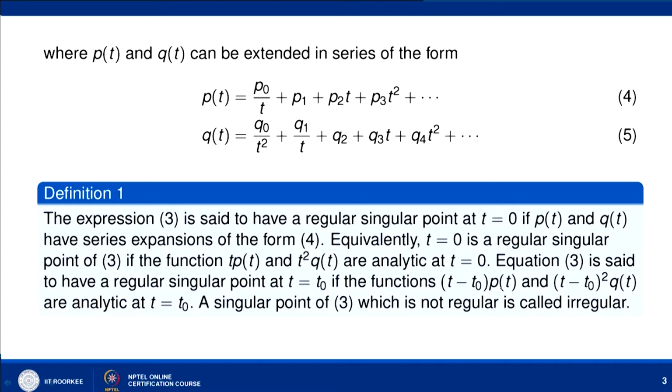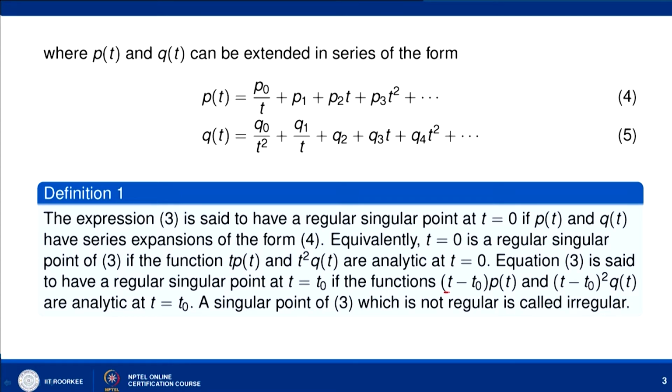or we can say that (t minus t naught) p(t) has a Taylor series expansion in terms of t minus t naught, and (t minus t naught) squared q(t) must also have a Taylor series expansion around t naught, and a singular point of 3 which is not regular is called irregular.